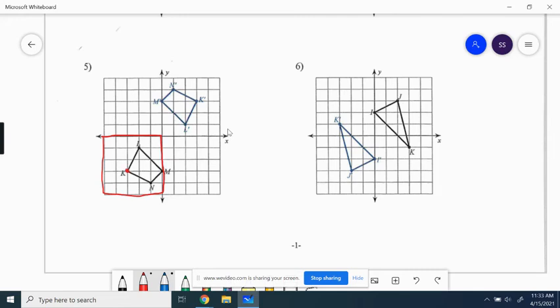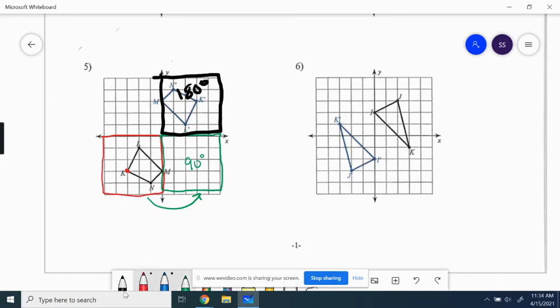So I'm going to look at K. And so if K landed in this quadrant, if we were going counterclockwise, this would be a 90-degree rotation. If it lands in this quadrant, it would be a 180-degree rotation.